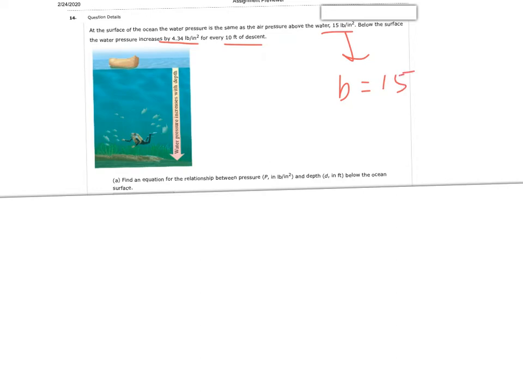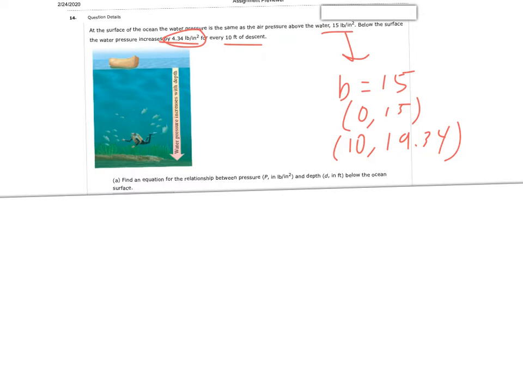And then this one is kind of slope, but it's kind of not. And so the way I would think of this is that at 0 feet, we're at 15, and then if we increase by 10, then it will go up by 4.34. So it's actually going to be 19.34, because we get that 4.34 more than it was at 0.